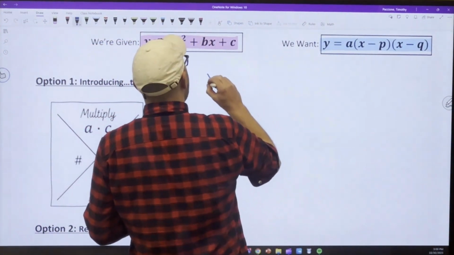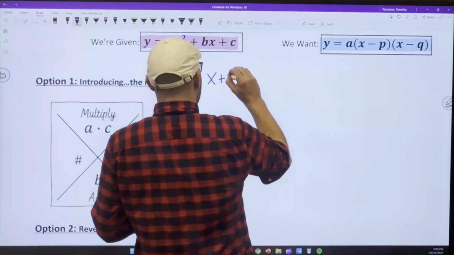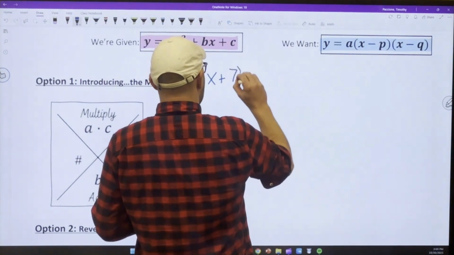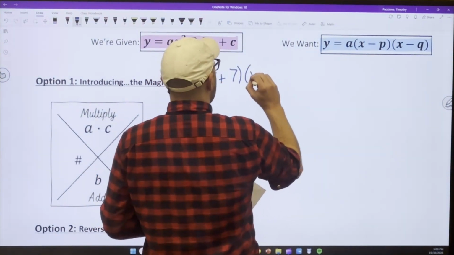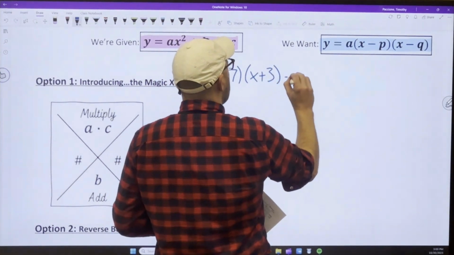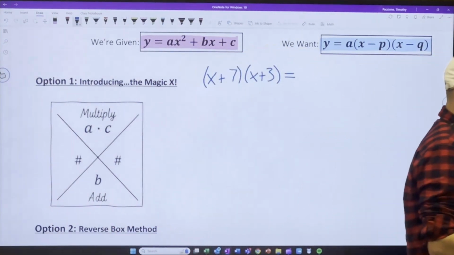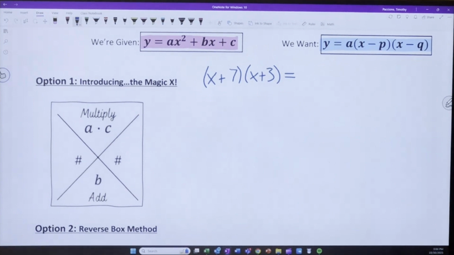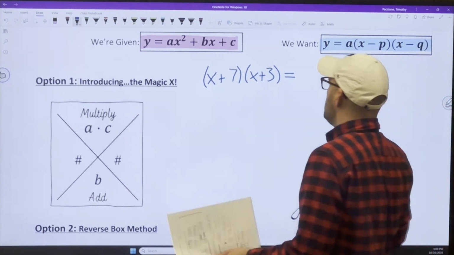So we've done this, right? Like say you have x plus 7 and x plus 3, and you want to go to standard form. Well, what would you do? Box or FOIL, right?